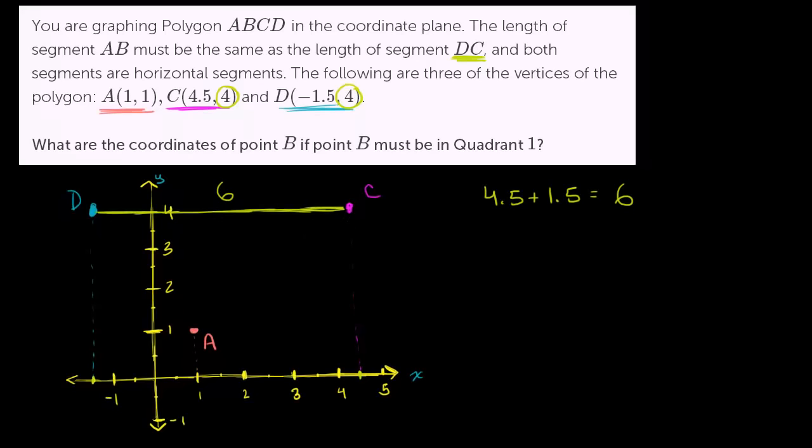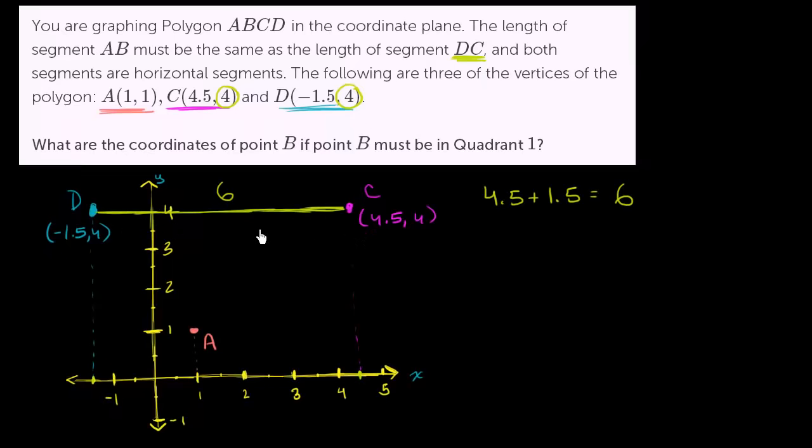Another way of thinking about it, and let me put the coordinates in here just so it becomes a little bit clearer. This right over here is the point (4.5, 4), and this right over here is the point (-1.5, 4). Another way of thinking about this distance is that it's a horizontal line, so the y value does not change in the vertical direction, only the horizontal.